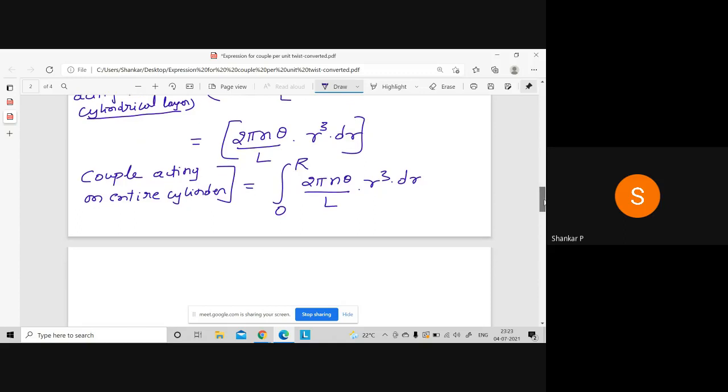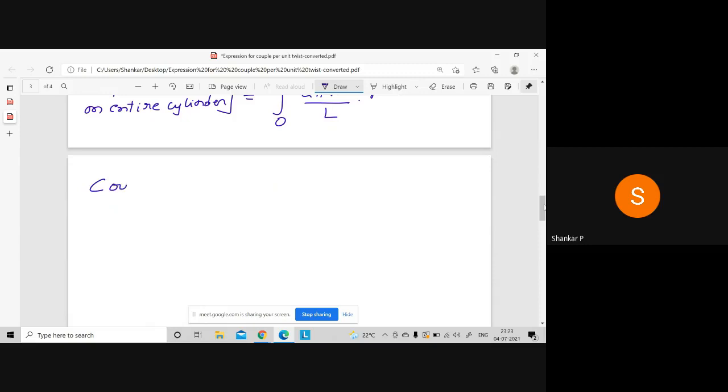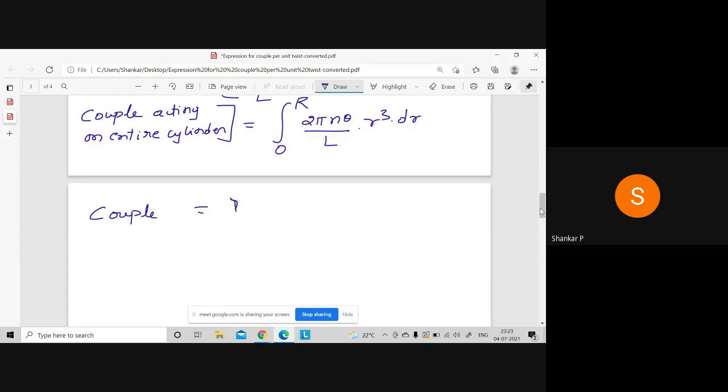So 2 pi n theta by L is a constant for the given cylinder. Hence the couple is given by 2 pi n theta by L times the integral of r cube dr, which will be r power 4 by 4 after substituting the limits.